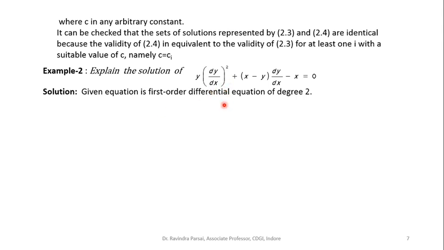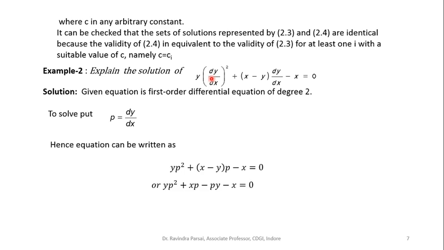So first of all, you will put it into our standard pattern by applying a parameter: dy/dx equals p. To solve, put p equal to dy/dx. Hence the given equation can be written as yp^2 + (x - y)p - x = 0.